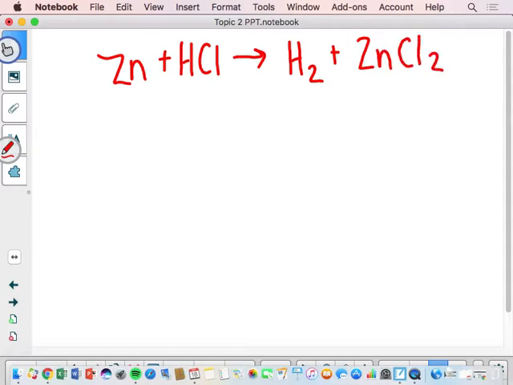Okay, so it gives you the answer on the other one, but I want to show you how we got this. It's not really showing you on that slide how we got it balanced.